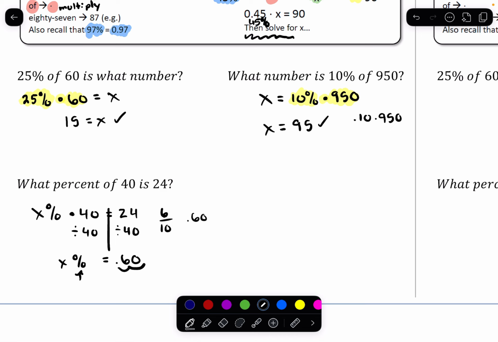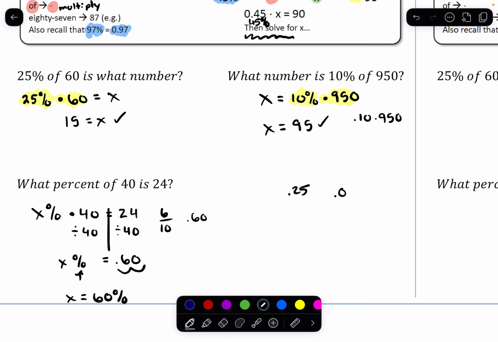It doesn't want the decimal answer, it wants it written as a percent answer. So I take that 0.60 and I move this decimal to the right 2 places, and that becomes 60%. So x equals 60%.